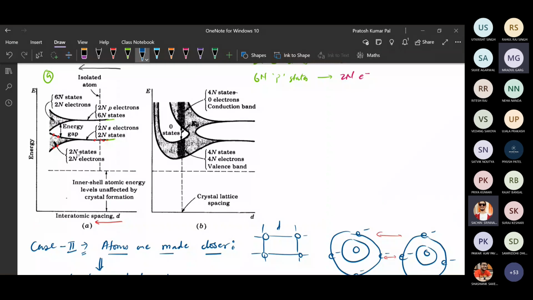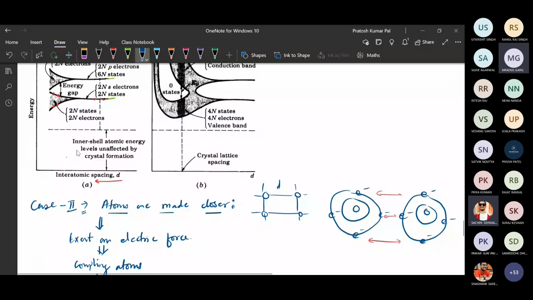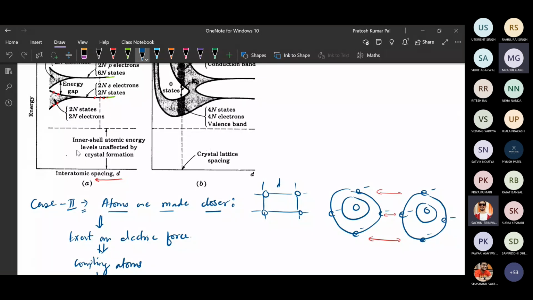We are not going to say it is 2n states of s and 6n states of p individually. It is formed by the combination of all these S states, so it is not an individual S state but the S state of the crystal, or the different S levels of different atoms, the two or more closely related atoms that go on to form the crystal. So it is now a property of the crystal.